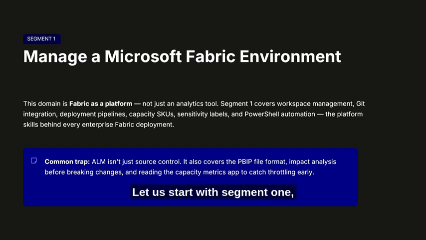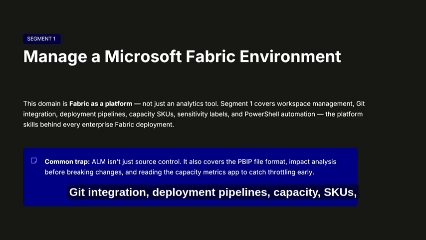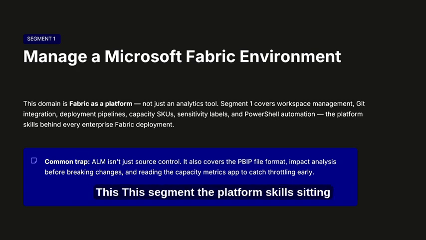Let us start with segment 1, and this is one of the most important to reframe. Fabric isn't just an analytics tool, it is a platform. This segment covers workspace management, Git integration, deployment pipelines, capacity, SKUs, sensitivity labels, and PowerShell automation. Basically, the platform skills sitting behind every enterprise Fabric deployment.